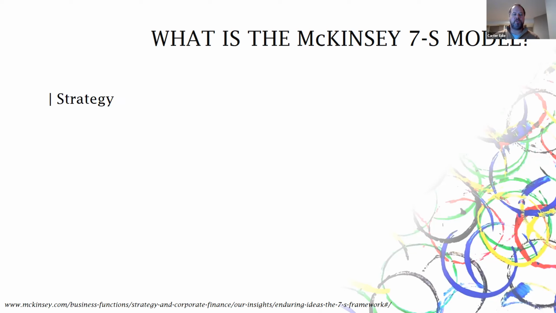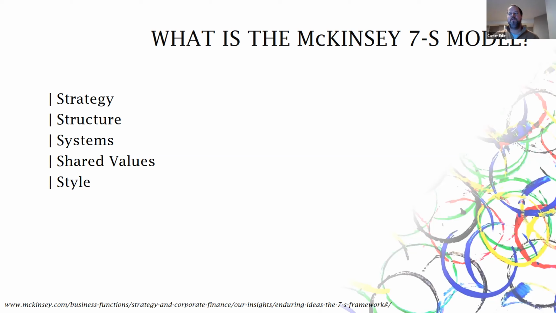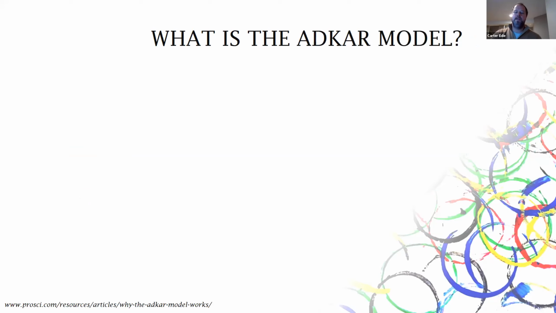So the first one would be strategy of change, structure within the organization, systems that the organization already has in place, or any gaps that might exist, shared values within an organization, style, and the staff capabilities, along with the skills, not only at the organizational level, but at, say, an IT level, or at, say, an accounting level or something like that.